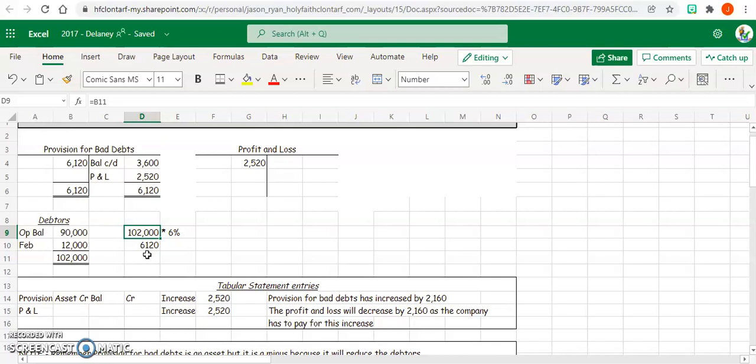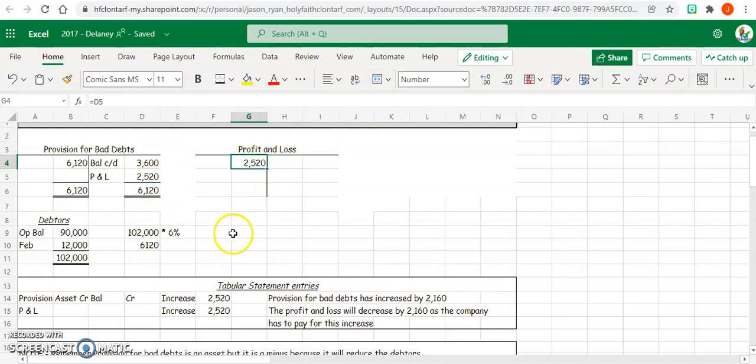So how much is it going to increase by? So we have a provision for bad debts already of 3,600. That's our old provision. Our new provision is 6,120. So the difference then is going to be 2,520. So the double entry then, your profit and loss then, is going to be debit 2,520.